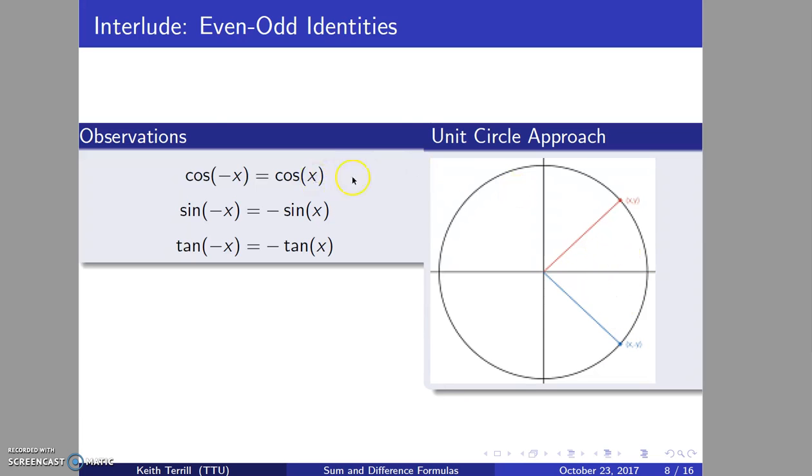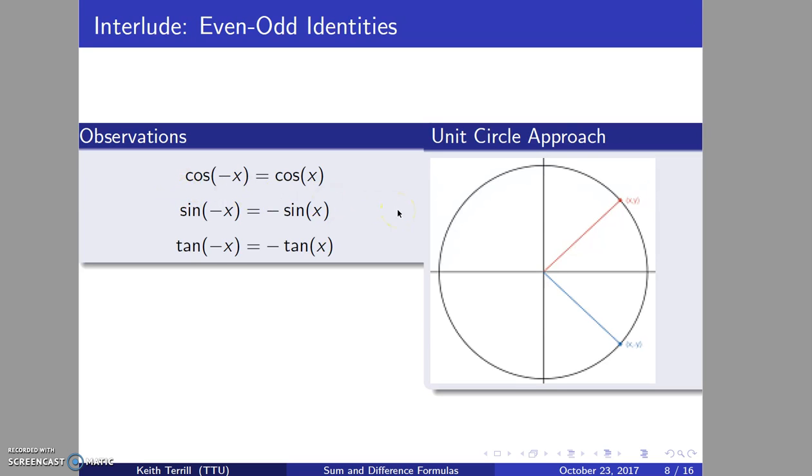So the cosine for theta, or in general cosine x, is going to have the same value for either point. Whichever way we rotate, we always have the same x coordinate. So cosine of negative x is actually the same as cosine x. That's why we call cosine an even function, because it behaves like y equals x squared. It has that same symmetry to it.